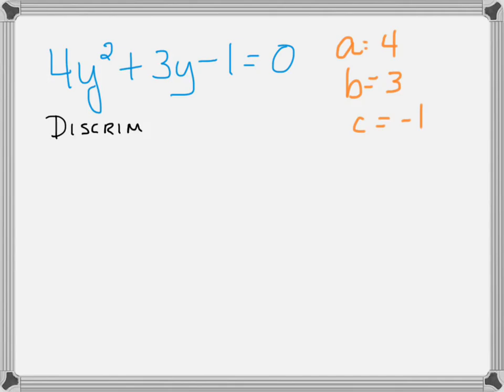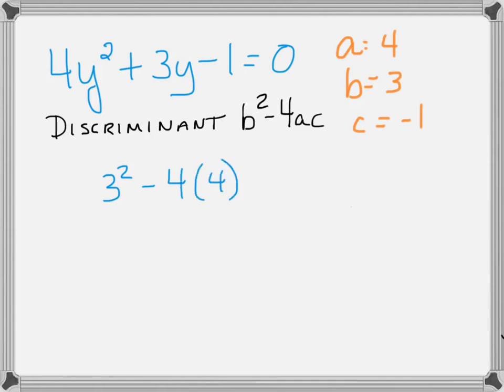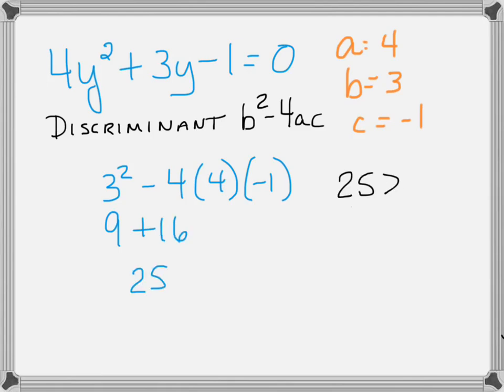Using that and finding the discriminant, b squared minus 4ac, we get 3 squared minus 4 times 4 times negative 1. That's going to give us 9 plus 16, which is 25. Since 25 is greater than 0, we will have 2 real roots to this problem.